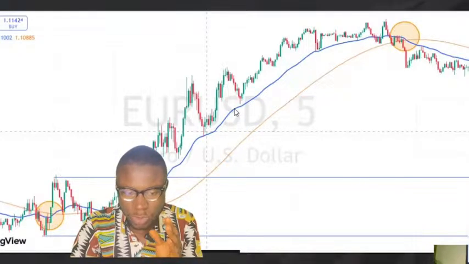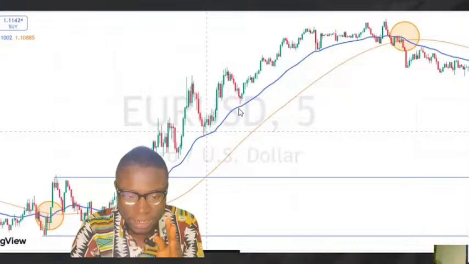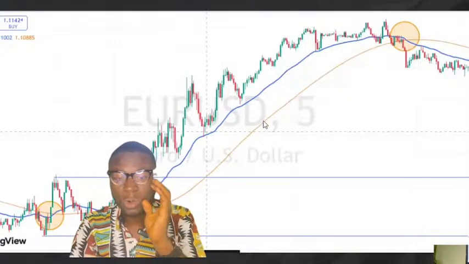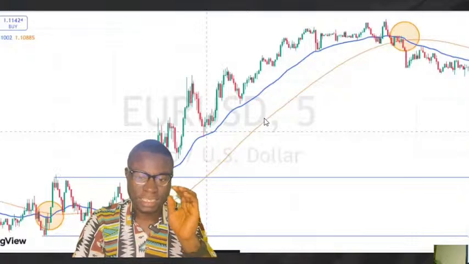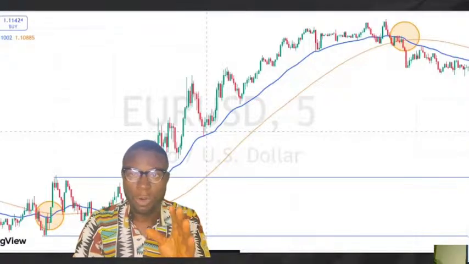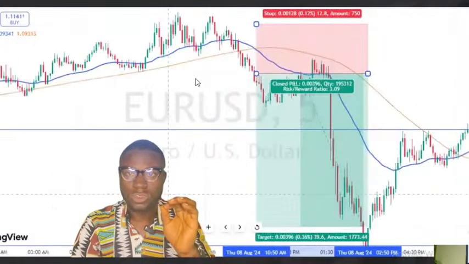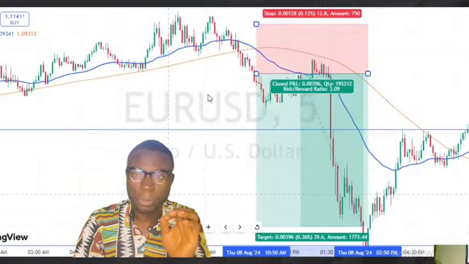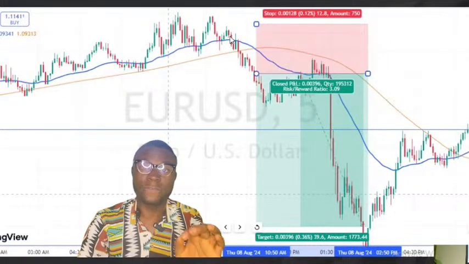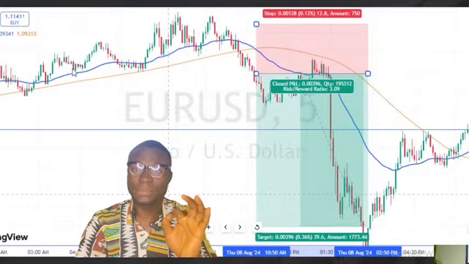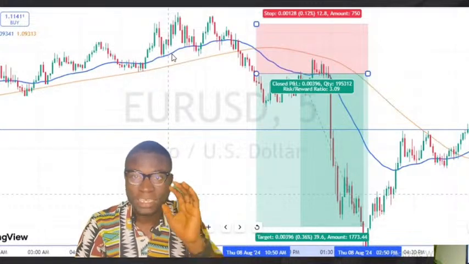As you can see, there are two lines here, the blue line and the orange colored line. These things, they work perfectly. So let's go straight to the first example. This is the first example here. You can see how price was moving above these moving averages.